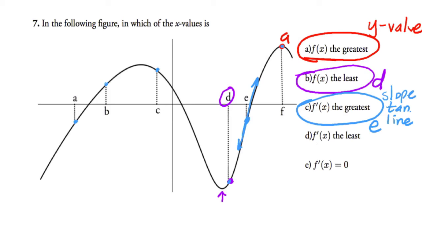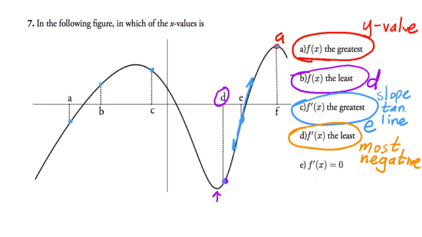Okay. So then, where's f prime of x the least? Now, here we've got to be a little careful, because you might be thinking, well, the least would be where it's 0. But remember, what we mean here by the least would be the most negative, because of course if it's less than 0, then the slope of the tangent line is going to be negative.